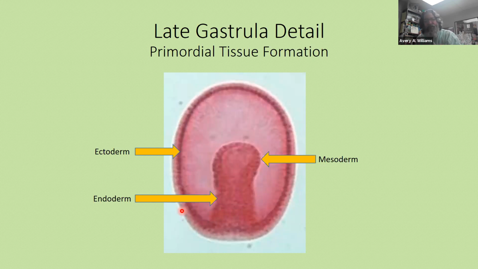These early cleavage stages for humans and all mammals, for that matter, occur in the fallopian tube, or the oviduct or uterine tube, whatever you want to call it, the tube that connects the ovary to the uterus. Fertilization takes place in the fallopian tube, and you go from unfertilized egg to a fertilized egg in the fallopian tube, and then it's traveling down the fallopian tube on the way to the uterus.